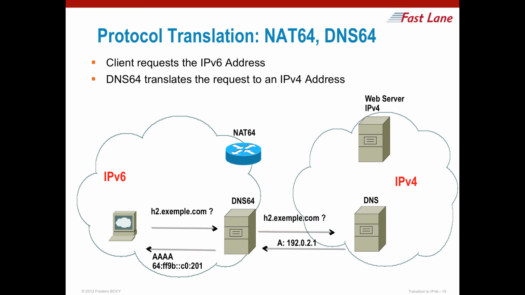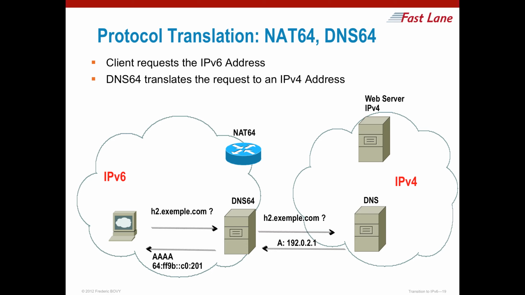So how NAT64 is working, basically, the principle is quite simple. By opposition to NAT-PT from the beginning, the DNS64 and NAT64 are in two separate boxes. So basically an IPv6-only client is requesting an IPv6 address for the name h2example.com.